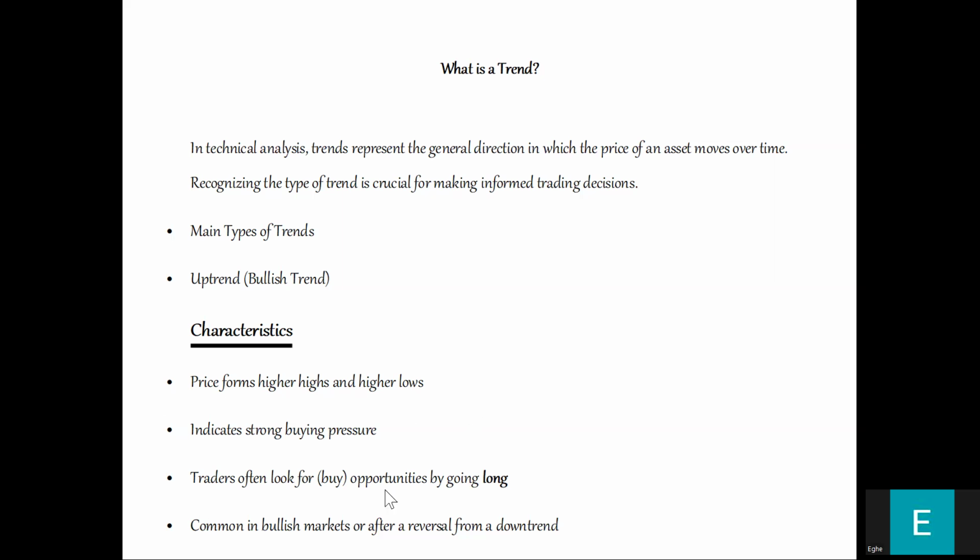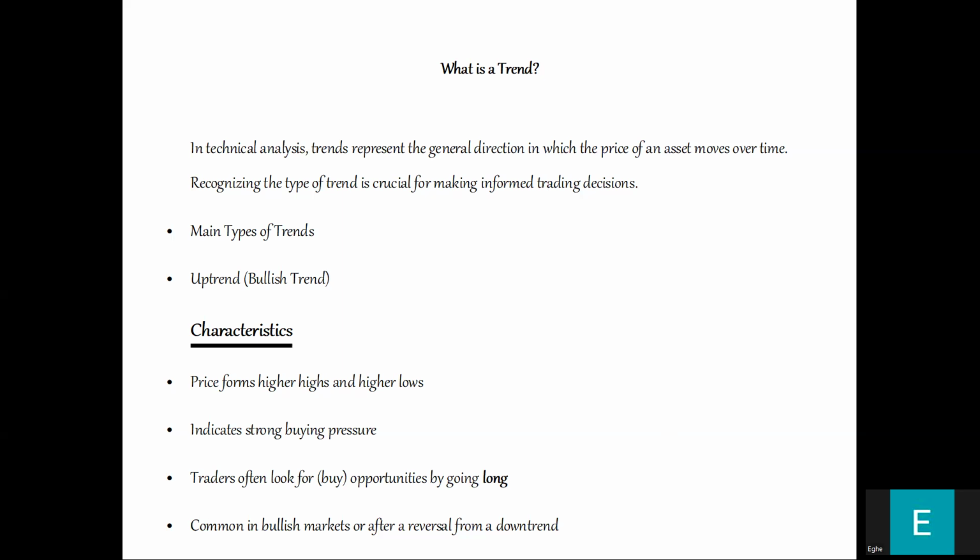When price is making higher highs and higher lows, then we say the trend is bullish, or an uptrend. And it also indicates strong buying pressure. By the time you see a push to the upside, pull back, push to the upside, pull back, making higher highs and higher lows, we know there is strong buying pressure.